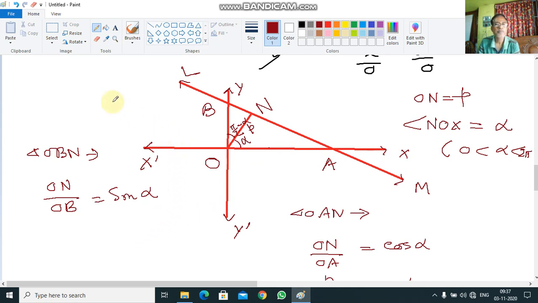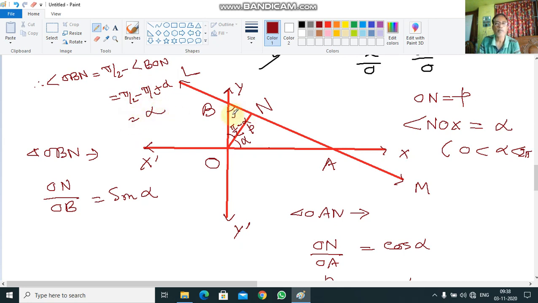Therefore angle OBN is equal to pi by 2 minus angle BON, which is pi by 2 minus pi by 2 plus alpha, that is alpha.